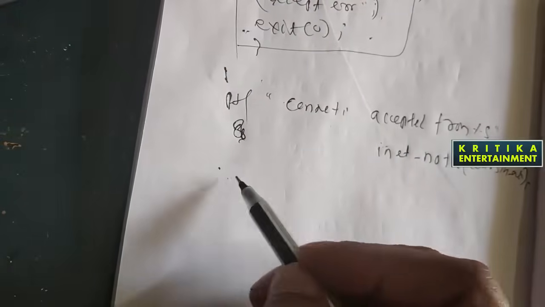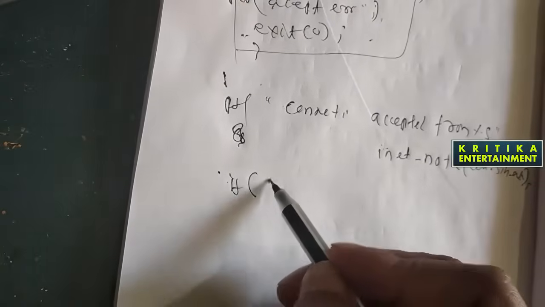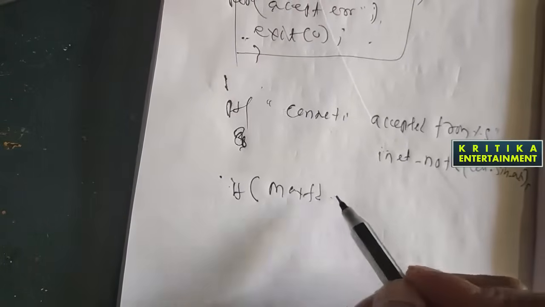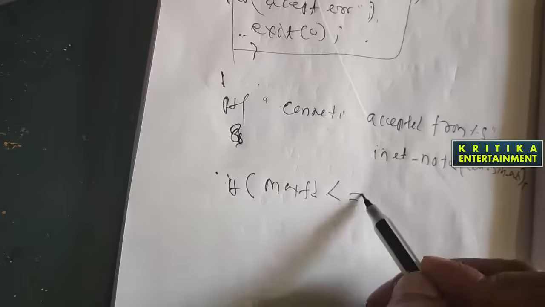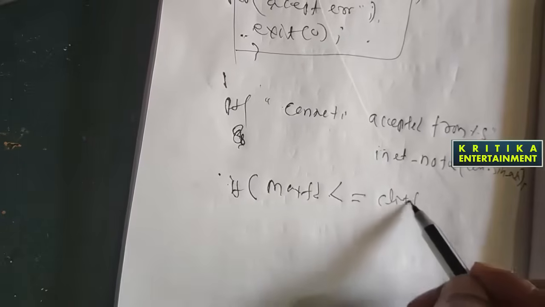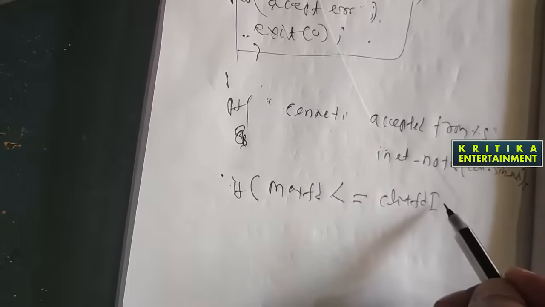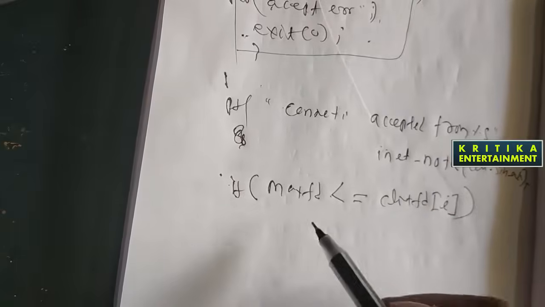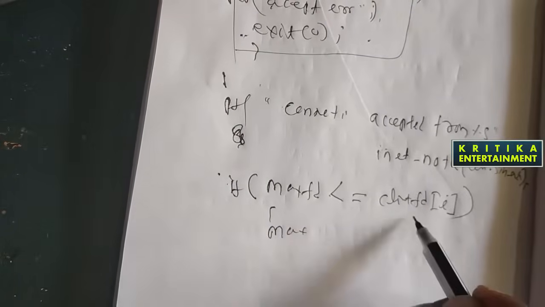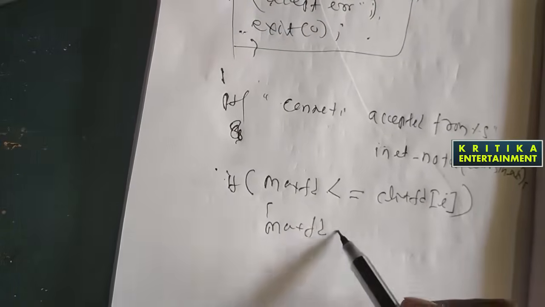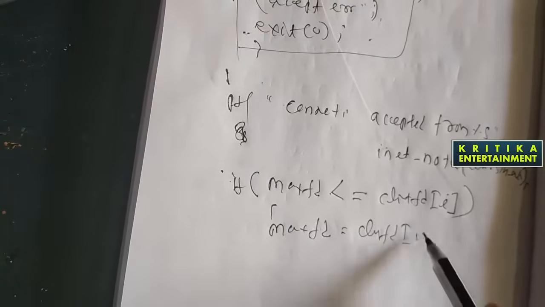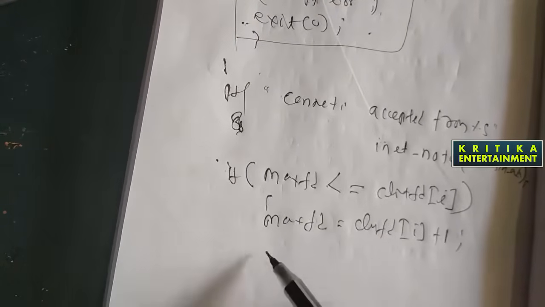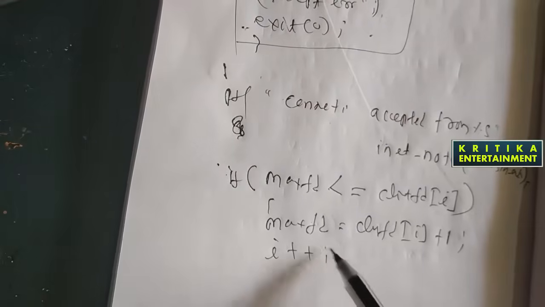So here, if max FD, previously stored as 3, is less than the client FD it returns, we want to use it to get the maximum FD, so that it can be passed in the select function again. Now if max FD is less than client FD i, then max FD is equal to client FD i plus 1. Then I go to the next, i plus plus.